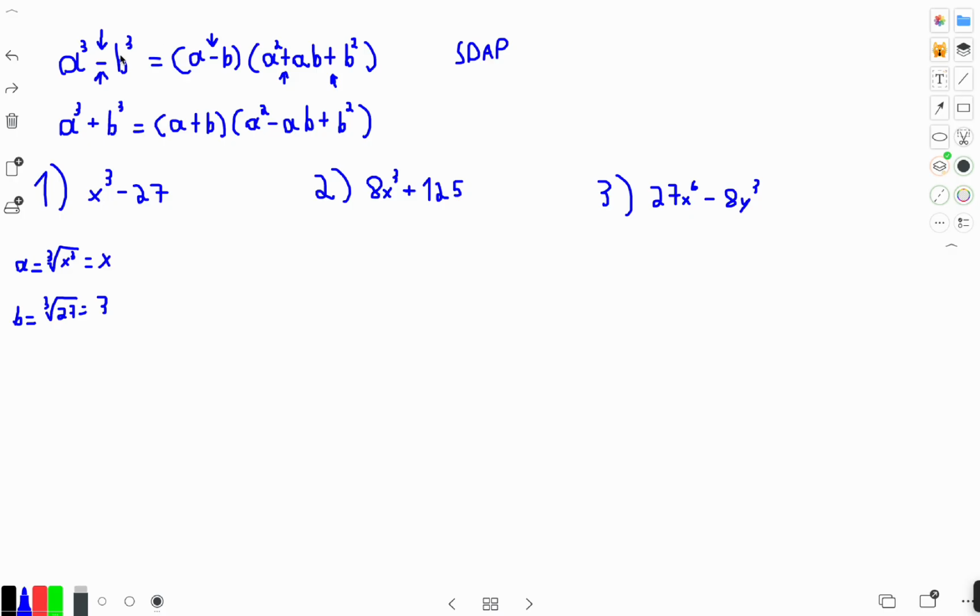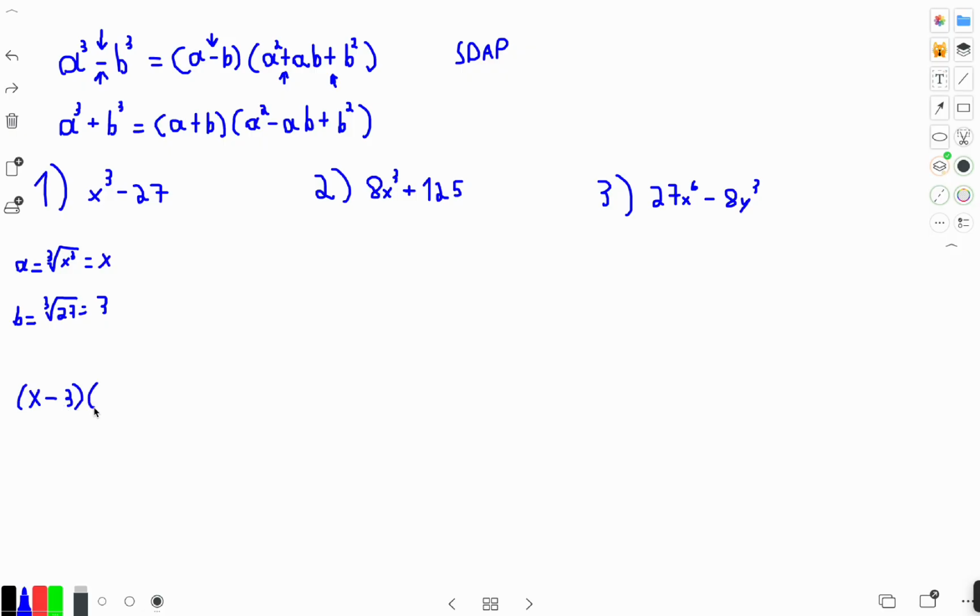And now if we follow the formula using same, opposite, always, positive, I'm going to leave the formulas for now, but you guys should really memorize them. It'll be very important. Okay, so our A is x, our B is 3. And since this is the difference of two cubes, we're going to be using formula number 1 over here. So we have same, so we're going to have x minus 3.